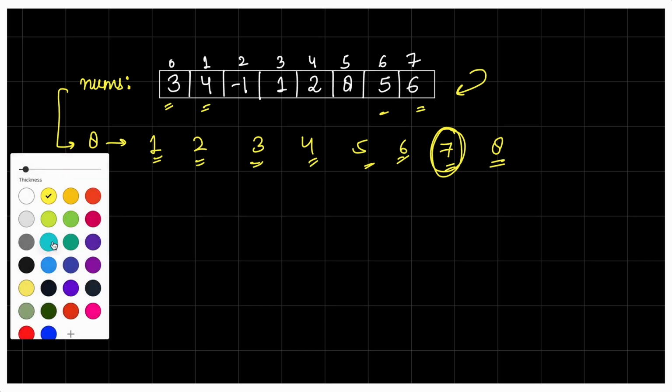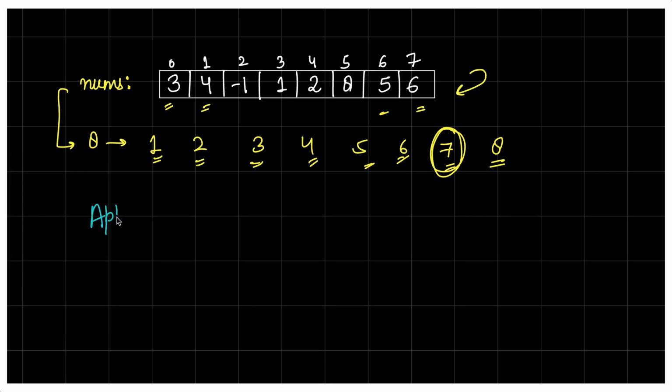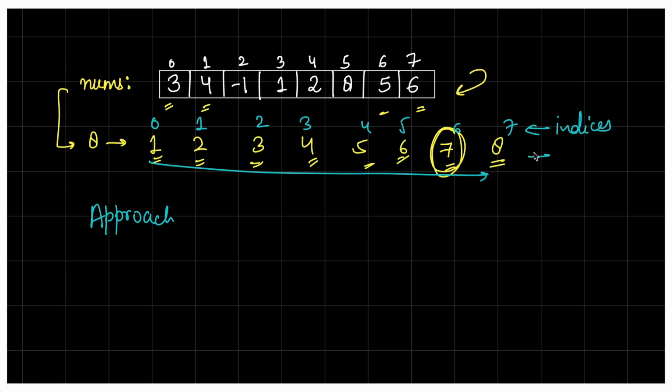Now we'll try to understand different approaches. So approach 1 can be, if you look at this particular sequence, 1 till 8, and I write 0, 1, 2, 3, 4, 5, 6, 7, then 0 up to 7 represent the indices and these are the numbers, right? If I talk about the relation between the index and the number that should be present at that index, say the index is 0, then index plus 1 should be equal to nums[index].